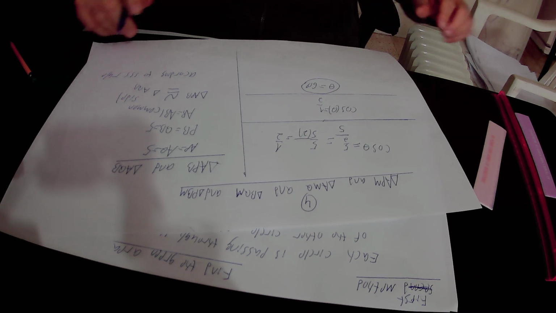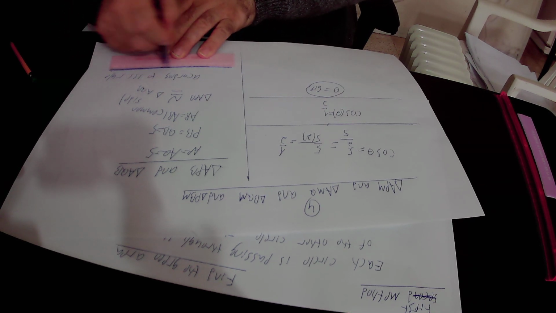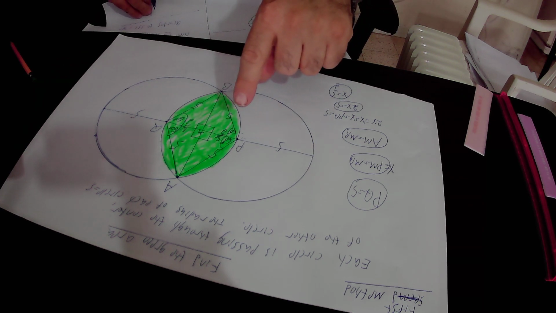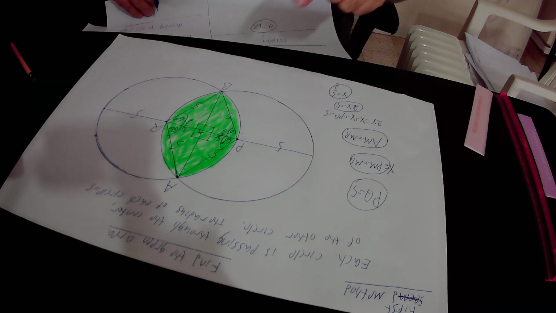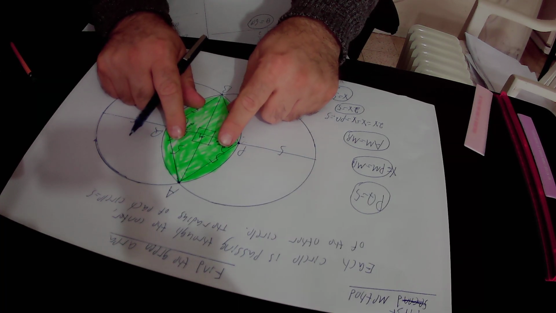All sides of triangle APB are congruent to all sides of triangle AQB. Therefore, those two triangles are congruent to each other according to the side rule.